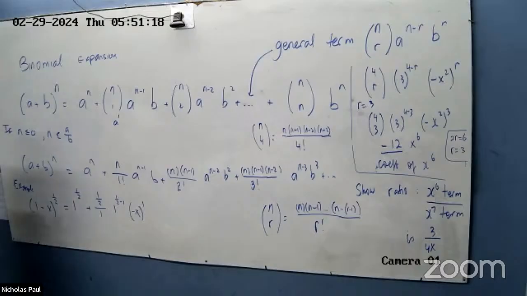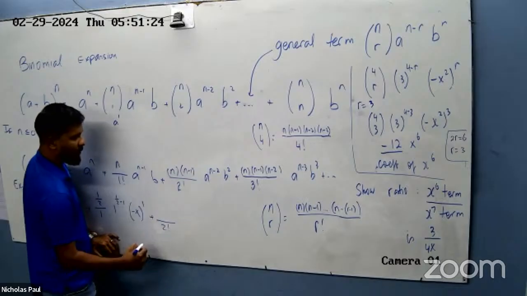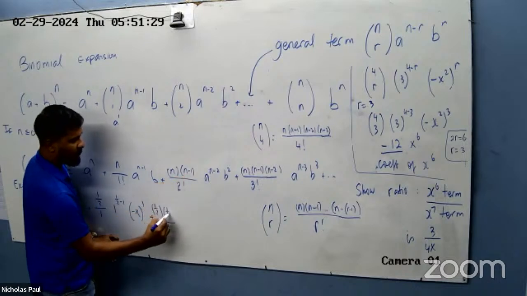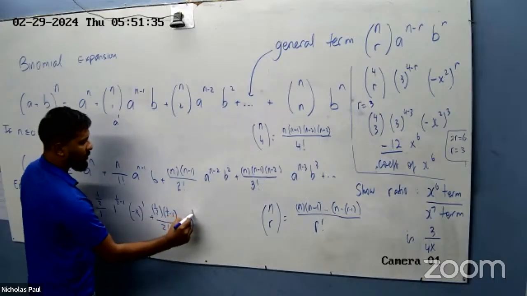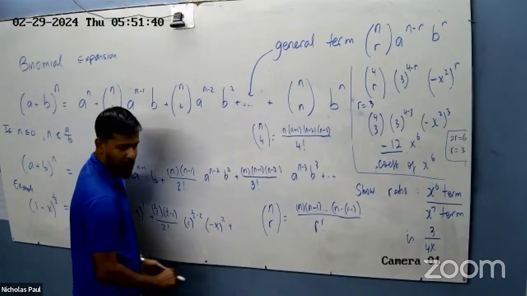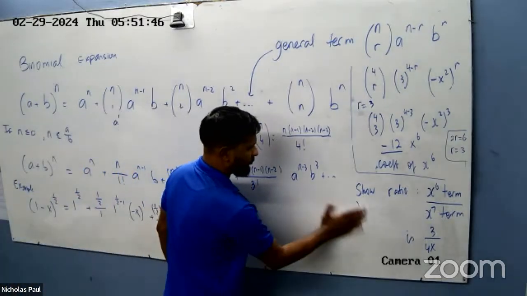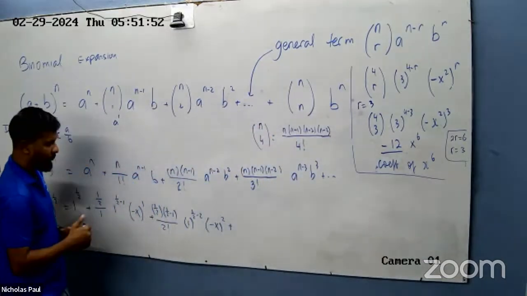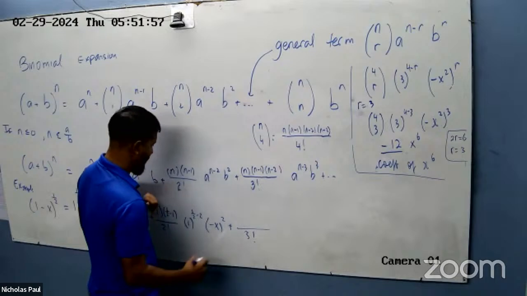Third term, it'll be 2 factorial over a half by a half minus 1 by 1 to the power of a half minus 2 by minus x squared, plus 3 factorial.